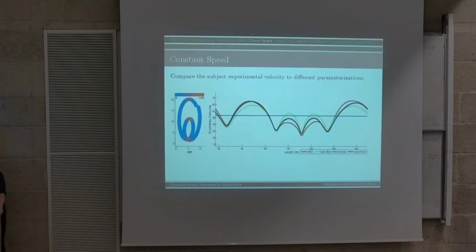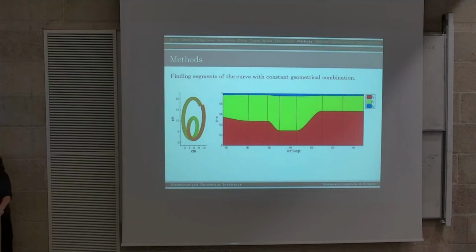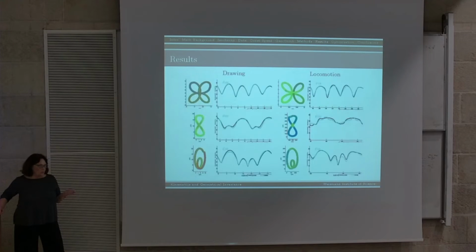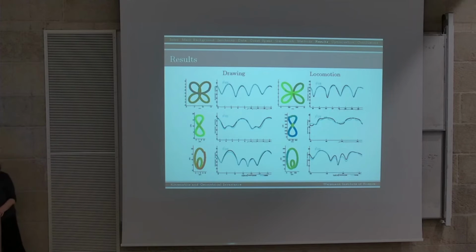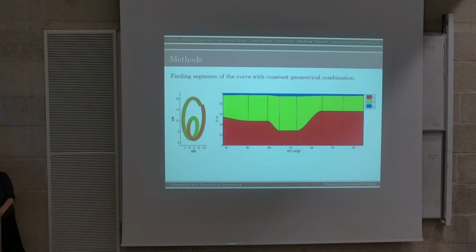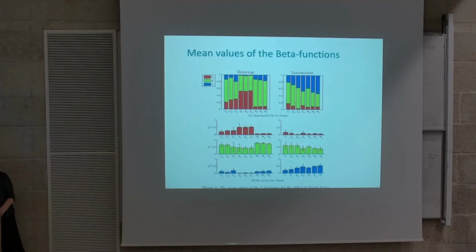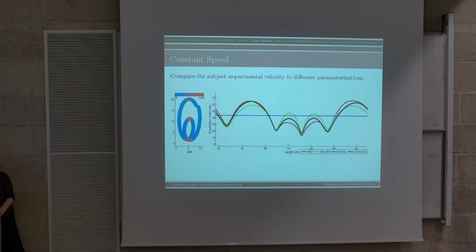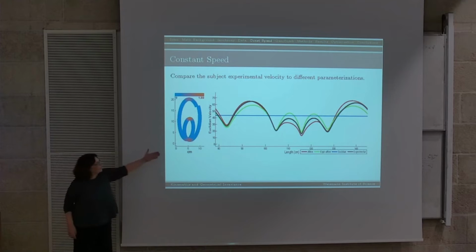I will skip the part about singularity, but it's important because if I'm drawing something and curvature is 0, I have an inflection point. Okay? So how do I deal with inflection points? But I'll skip it. And we use this model, the mixture, to model both locomotion and drawing movements. We assume you have the same three velocities, but you have different weights for the same velocities.